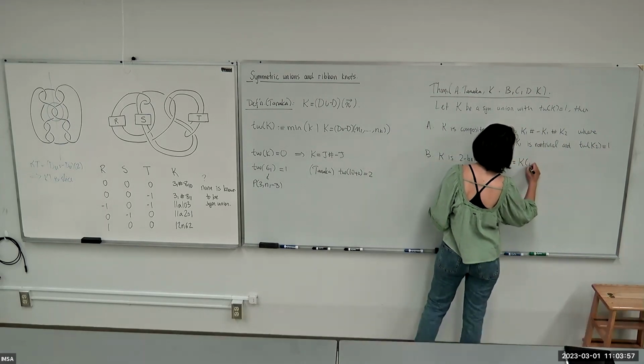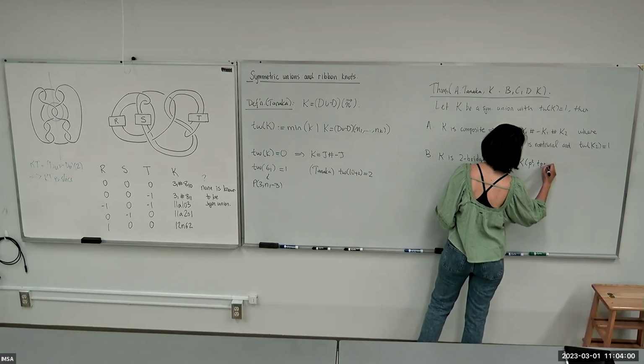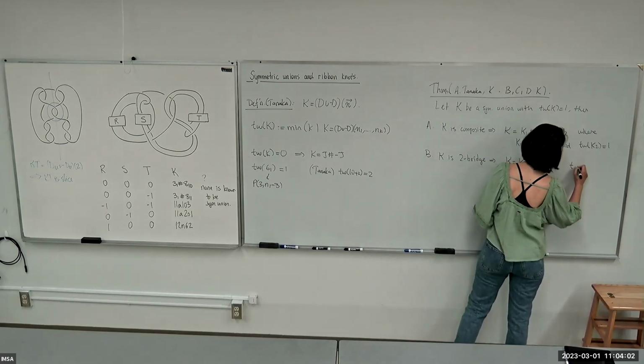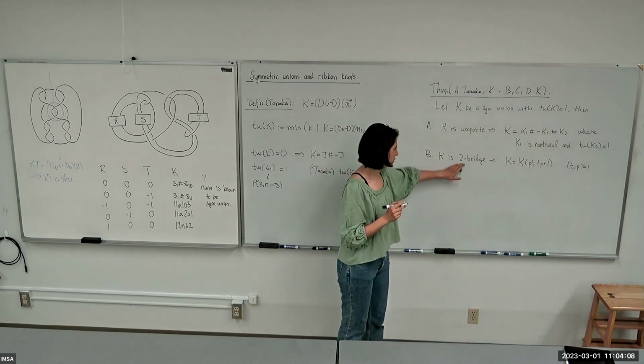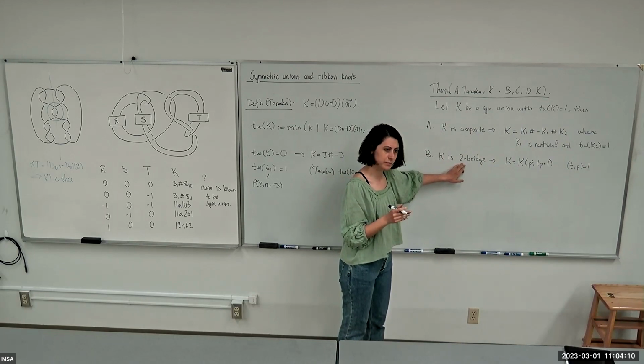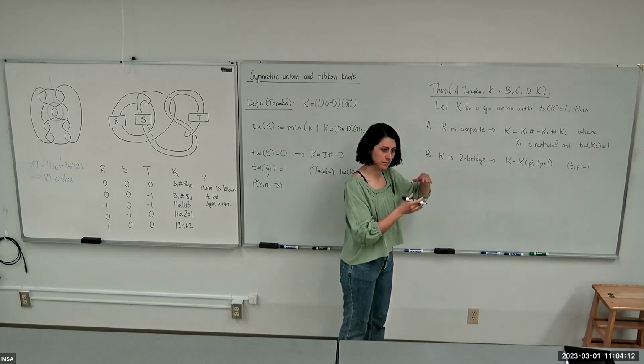Then K is... so from Kanenobu and Gordon, we already know that there are three families of two-bridge knots. They have a particular Conway notation for each of them.